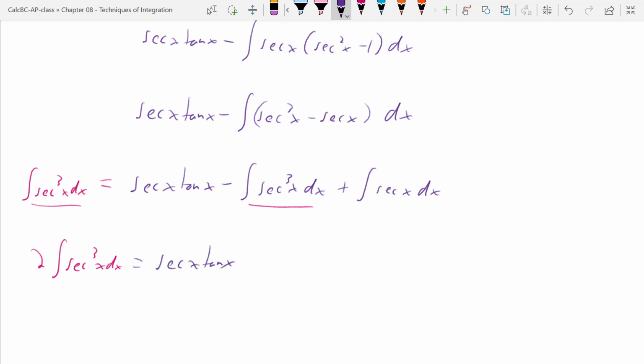And then the integral of secant is one of those that you just have to remember. I wrote it off to the side, but I'll let you do that. It's the natural log of the absolute value of the secant of x plus the tangent of x, and plus c.